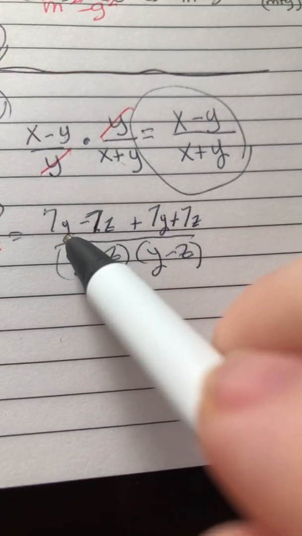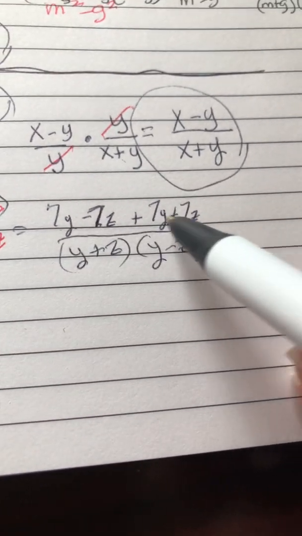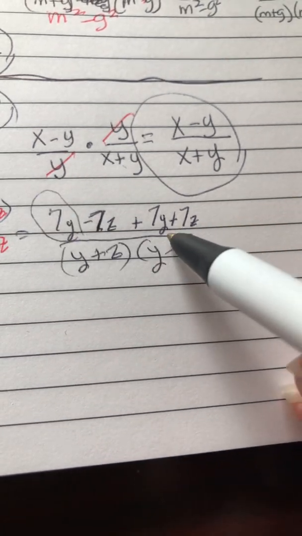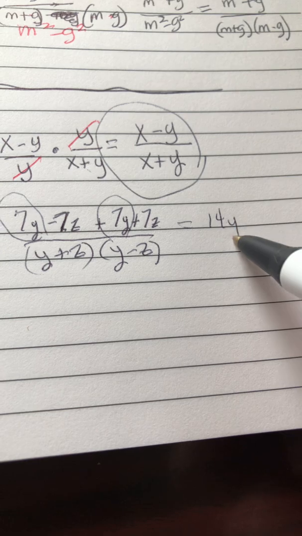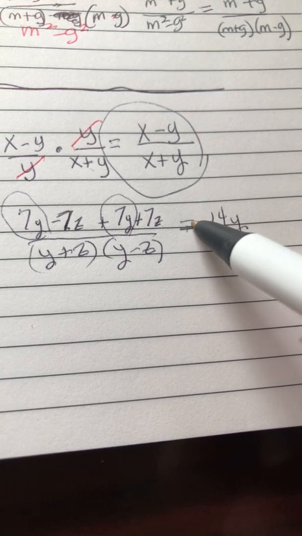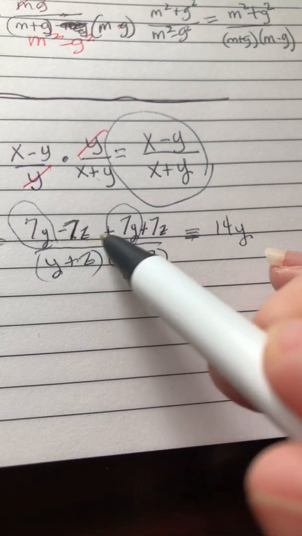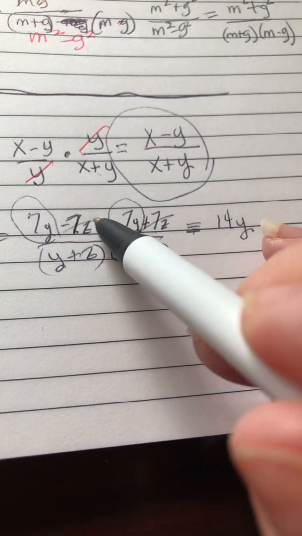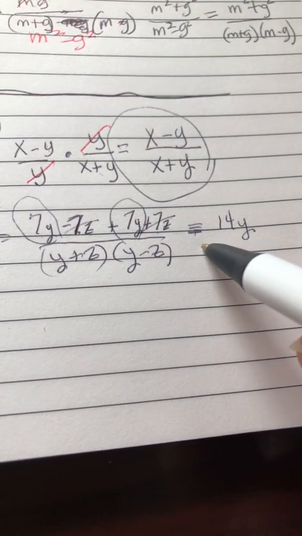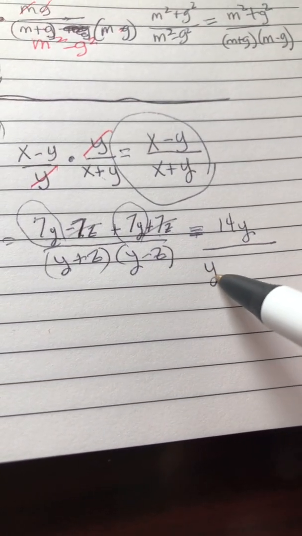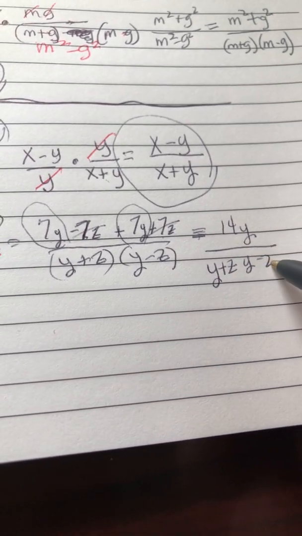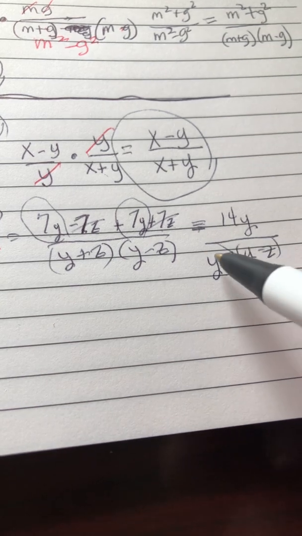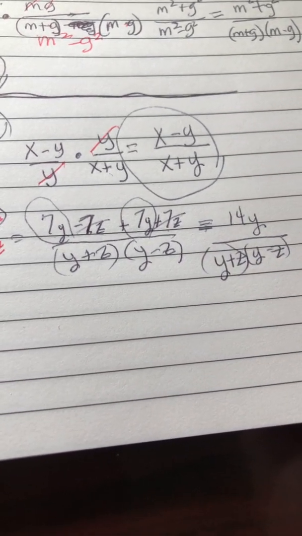Now on top, anything that we can put together, we will, like the 7y and the 7y. So we get 14y. And the negative 7z and the positive 7z cancel out. They're 0. So now we have 14y over y plus z, y minus z. That's our top one.